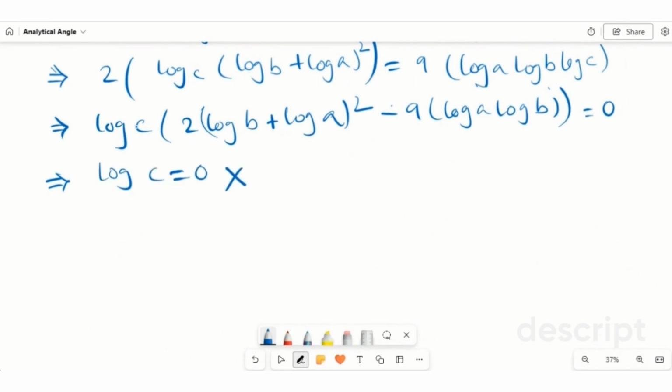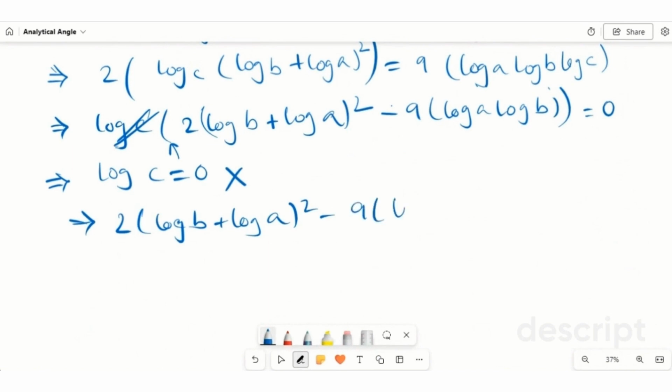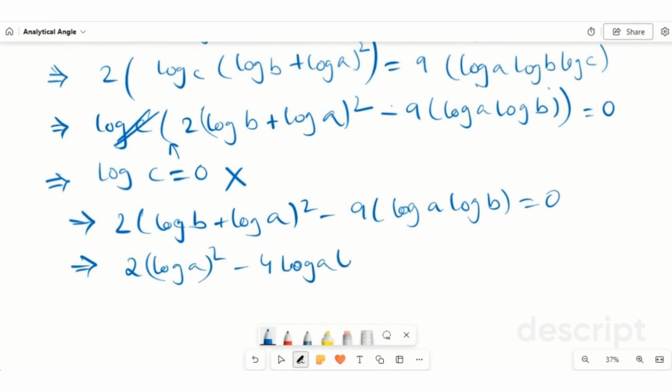So what remains is 2 into log B plus log A whole square minus 9 log A log B is equal to 0. On simplifying this further, we can get 2 into log a whole square minus 4 log a log b minus log a log b plus 2 log b whole square is equal to 0.